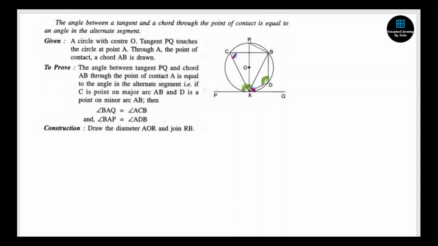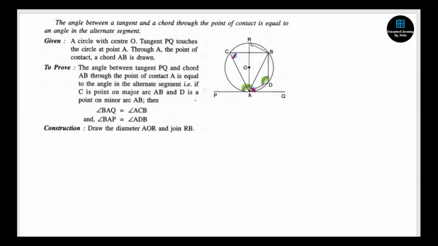So what do we have to do? First of all, we take the construction. The construction is diameter AR, which is passing through the center O, and now we have joined RB. Now what can we do for this? How can we solve it?